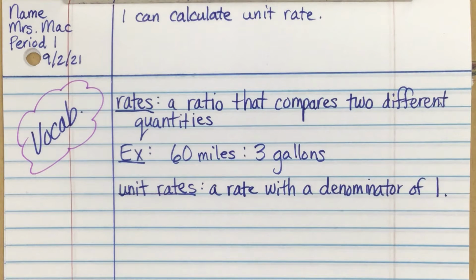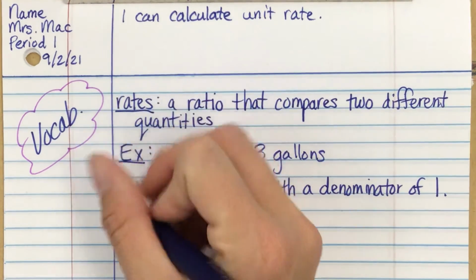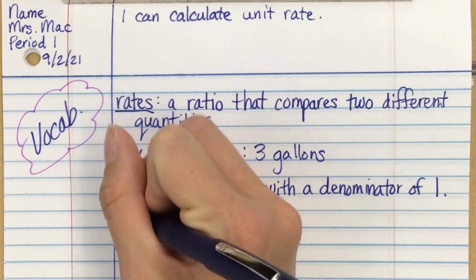Okay, and to get a unit rate, let me put this in parentheses. This is like how you do this.